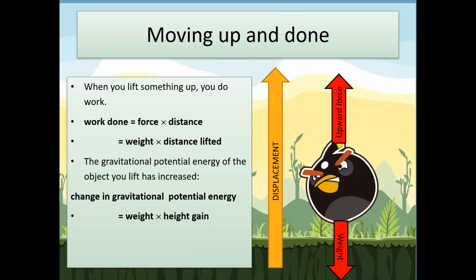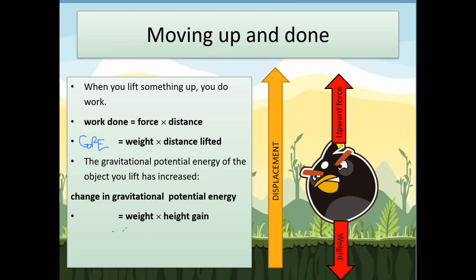We know that, and GPE is a special type of energy that goes with weight. Anything that has weight, once it gains some height or is lifted, then you get GPE.